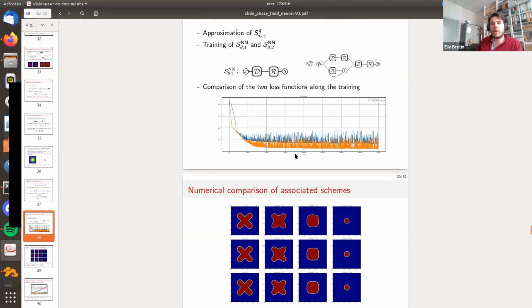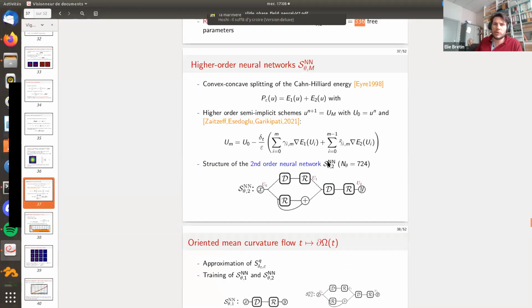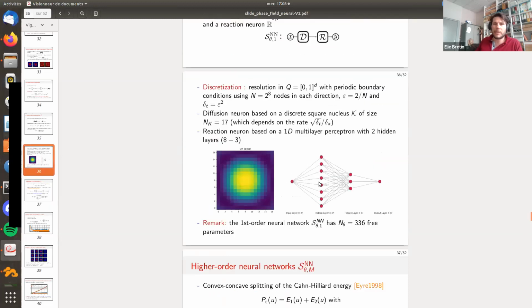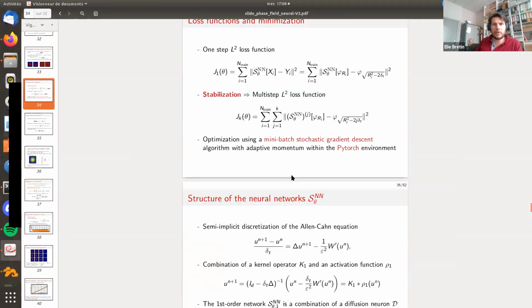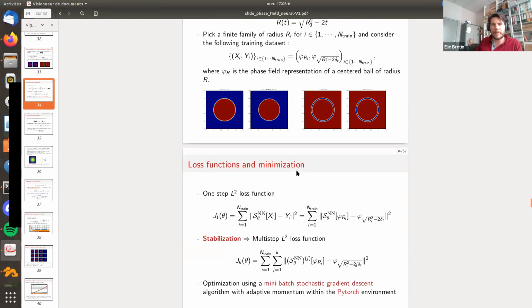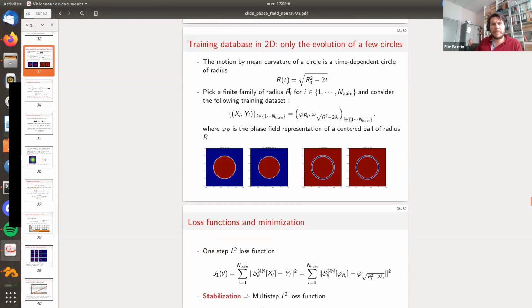So it's not clear when you can stop, but it's not so long because the number here is not so large. Also, I didn't say, but the size of the database, I believe, I'm not sure, but I believe we consider only 100 different circles, so it's not so big.